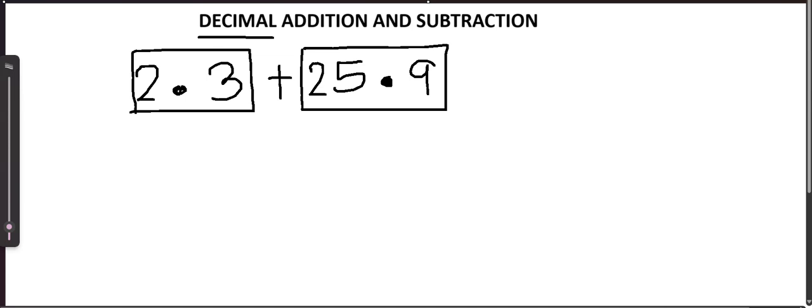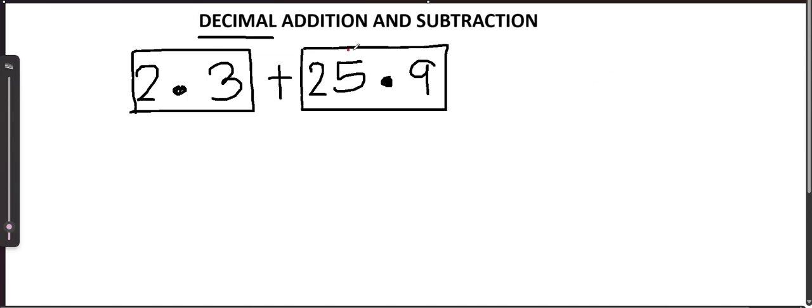Just keep in mind, whenever you are doing decimal addition and subtraction, try to keep the decimal places underneath each other, okay? Don't be in a rush. Do not write the decimal places this side and that side. No, just try to keep it in one line, okay?